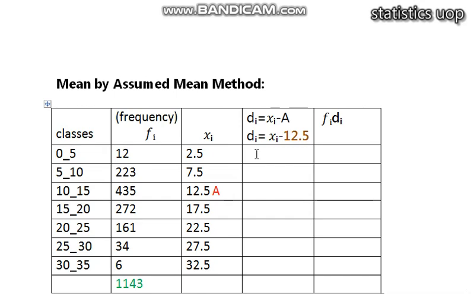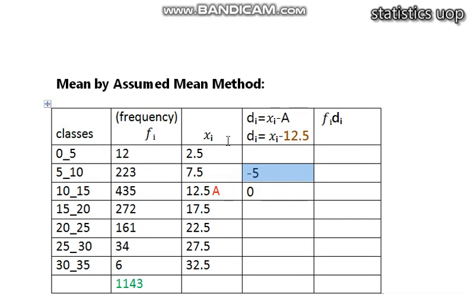What you need to do is take any value from this column as the assumed mean. Let's suppose 12.5 is my assumed mean. Now exactly in front of this a, you will write 0, and here we subtract our class length from this 0.